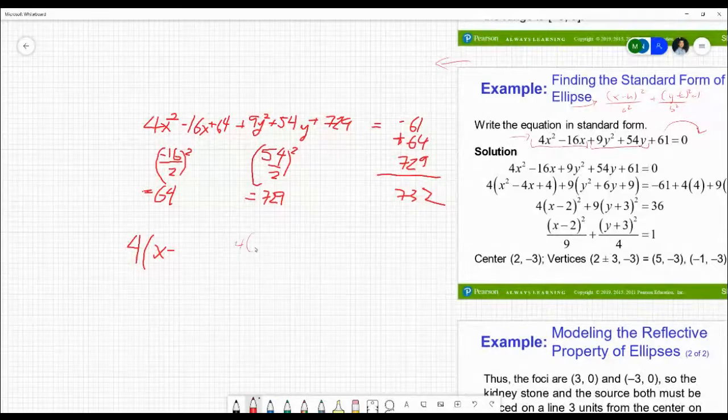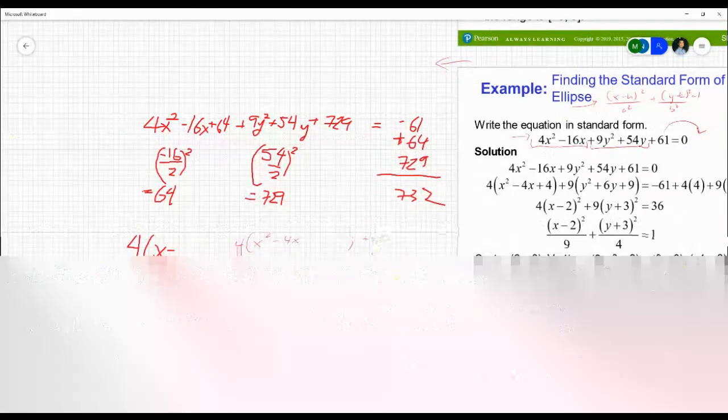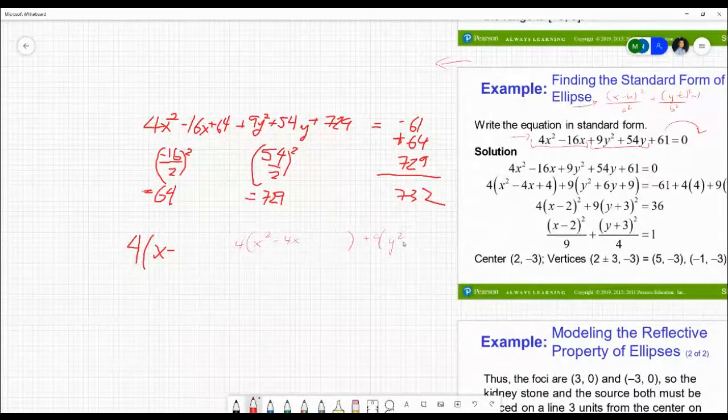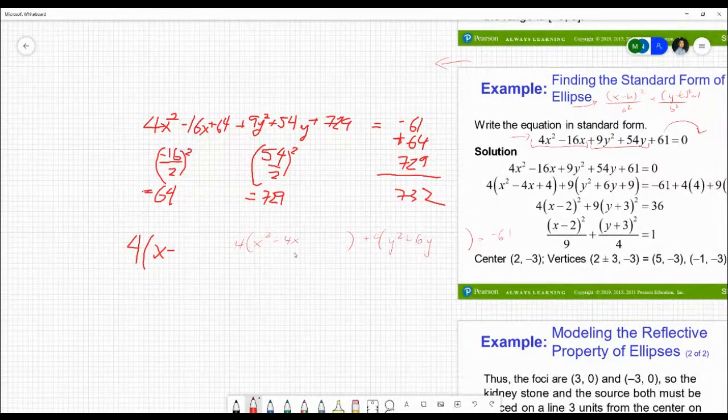So I need to take out the 4, and then I'm going to have x squared minus 4x. And if I take out 9, I'll have y squared plus 6y. And bring the 61 to the other side, so negative 61.